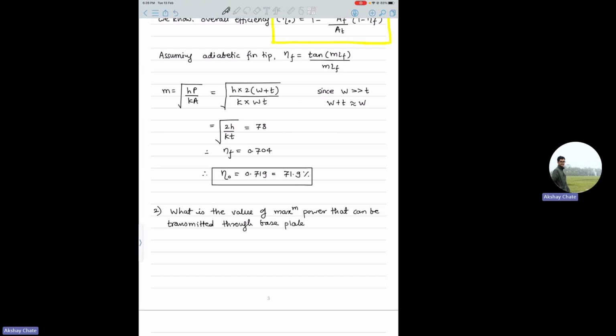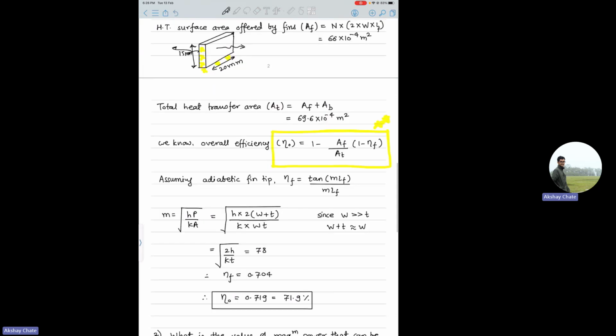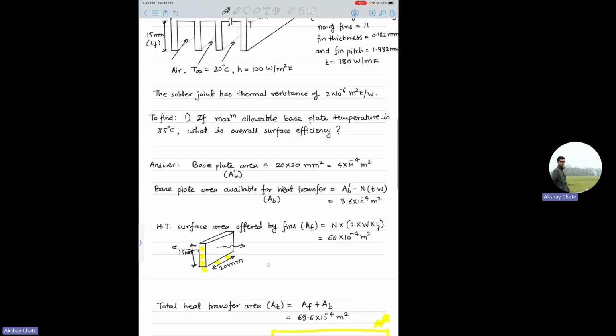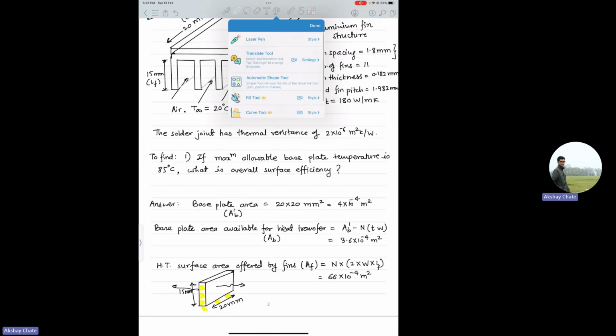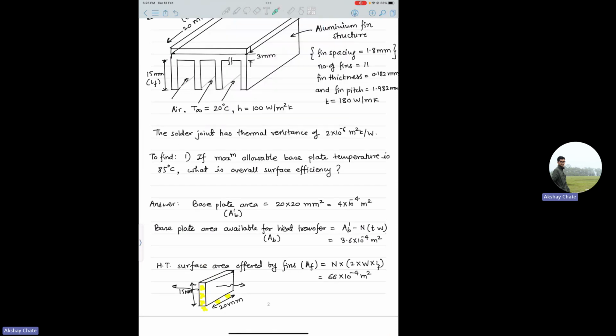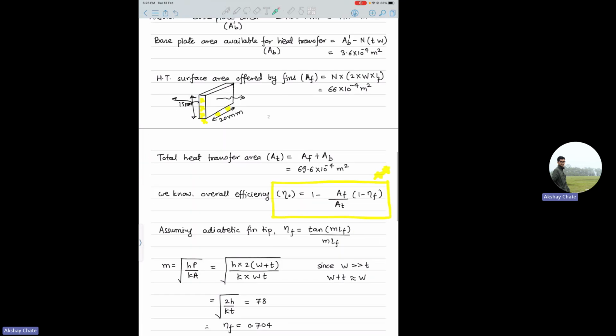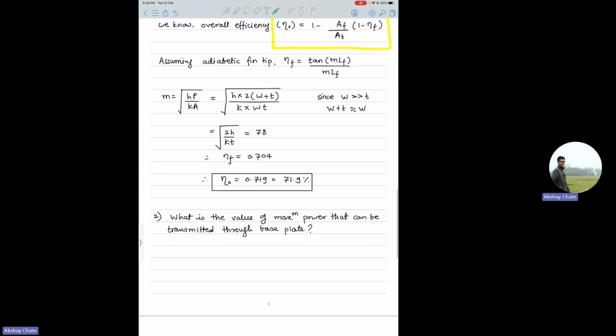So basically they have mentioned that the base plate temperature cannot exceed 85 degrees. It was mentioned here. So now they are asking what is the maximum power that can be transferred. So basically that maximum power will be achieved when the base plate is at 85, right? So that is the case here.